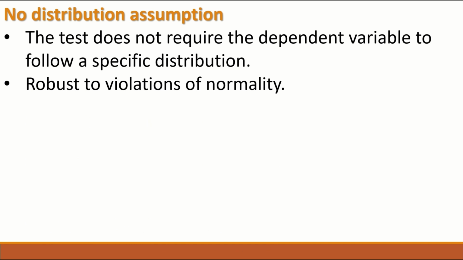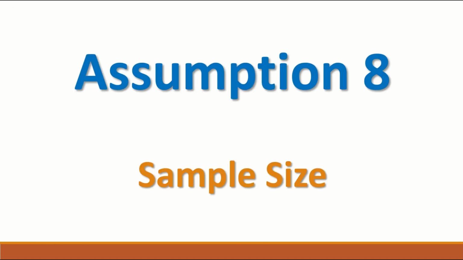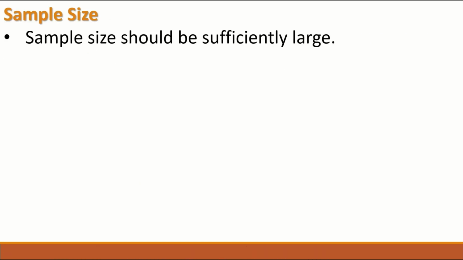So this test is robust to violation of normality, and it is used when the data are not normally distributed. And the eighth assumption is sample size, as the sample should be sufficiently large to perform this test.